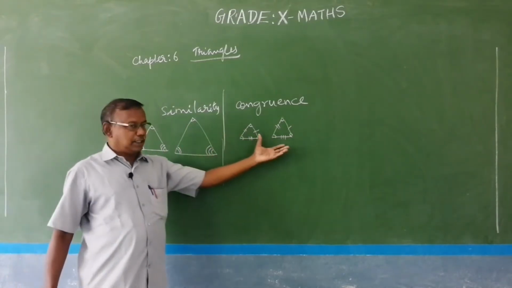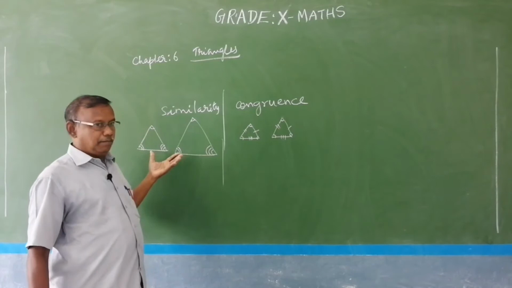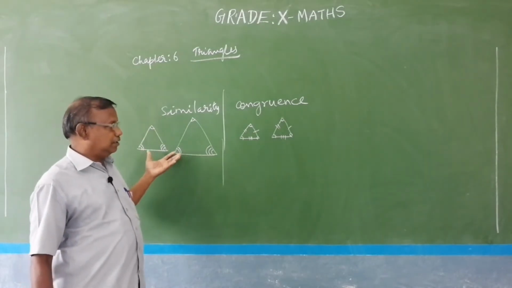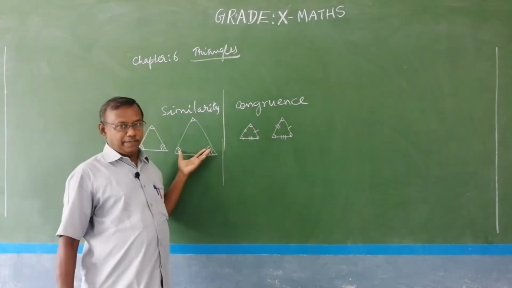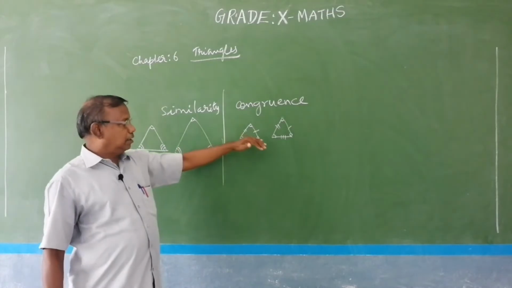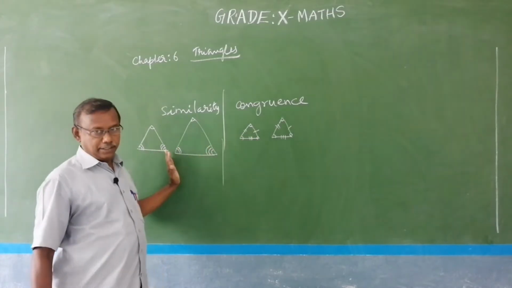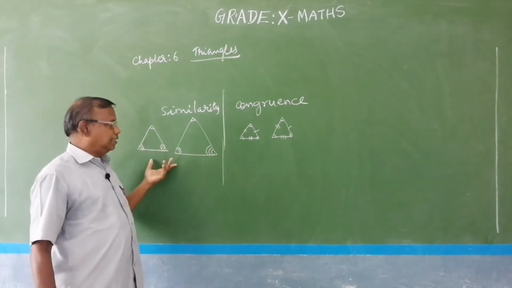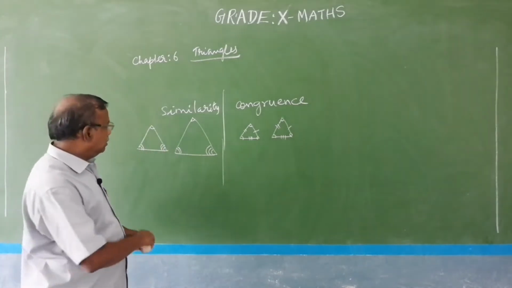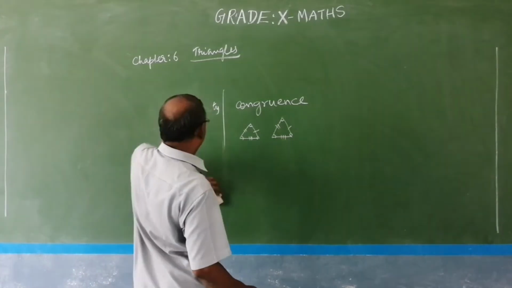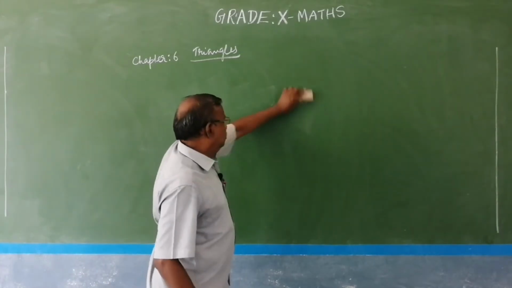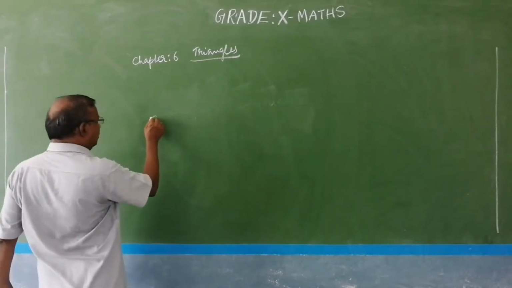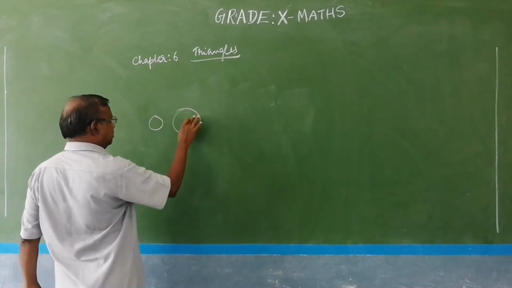All the congruent triangles are similar triangles, but we can't say all the similar triangles are congruent triangles. So that is the main difference. All the congruent triangles are similar triangles, that is 100% true, but we can't say all the similar triangles are congruent. Generally talking about similarity, all the circles are similar, they are not congruent.